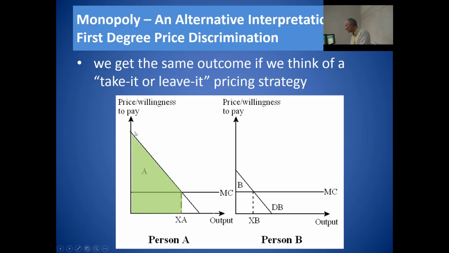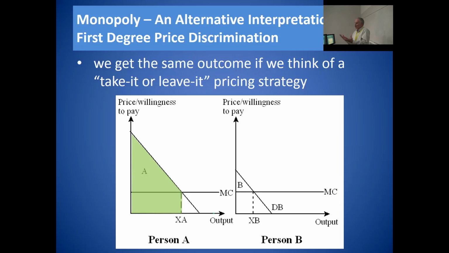What I've identified is an area. It's a revenue. That total area is the price charged by the monopolist. So that would be XA units offered at that total shaded area. That's the price the monopolist would offer to person A.